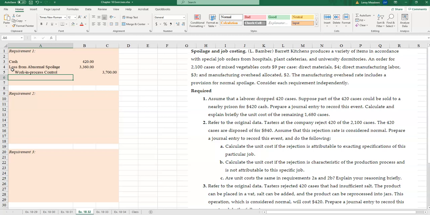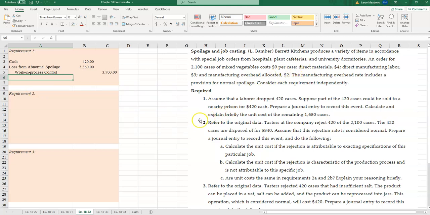But remember, abnormal spoilage is a separate line item on the income statement, so we're not going to roll that cost over. Why? Because that loss from abnormal spoilage is going to be considered a period cost. So the remaining cost per case is still going to be $9.